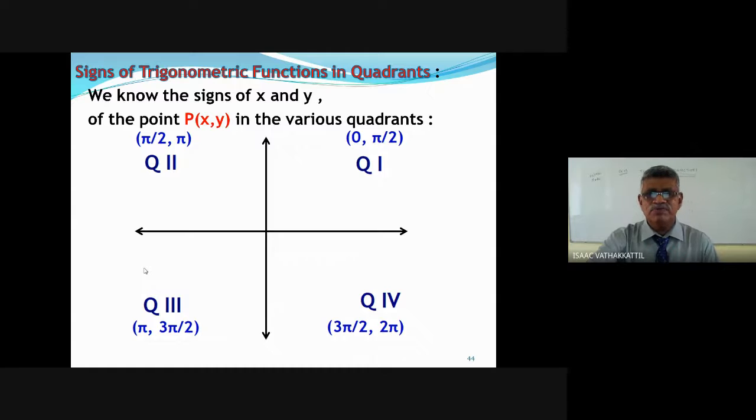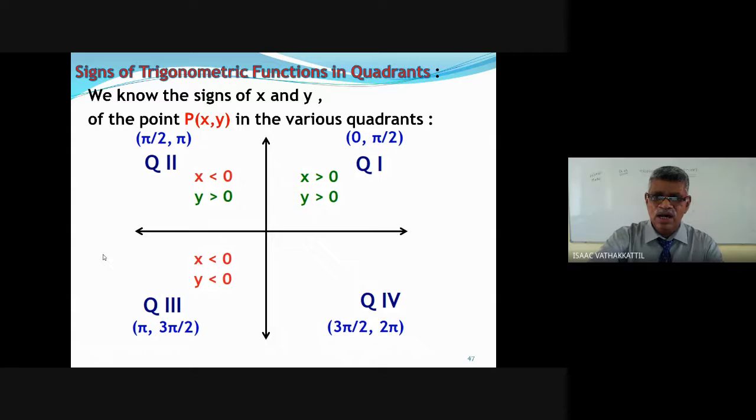In quadrant 1 we have positive x-axis and positive y-axis, so x and y both are positive. While moving to quadrant 2, x will be negative whereas y is positive, and moving into quadrant 3, both x and y are negative: negative x-axis, negative y-axis. In quadrant 4, x will be positive whereas y is negative.